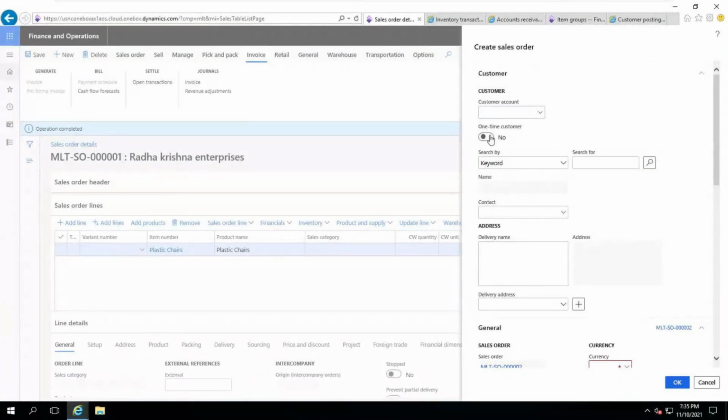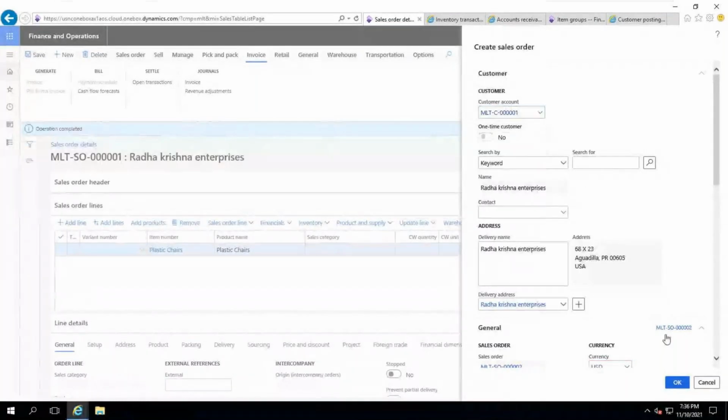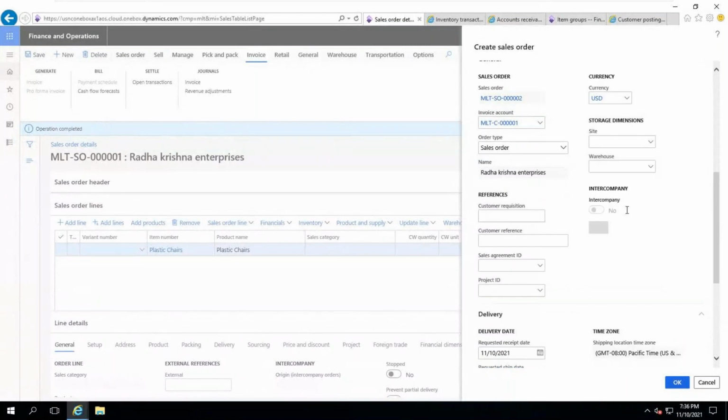MLT-C-001 customer number. Warehouse 11, I'm just entering 11.